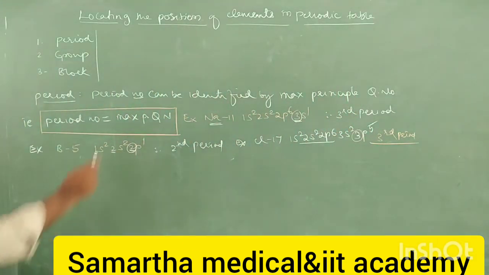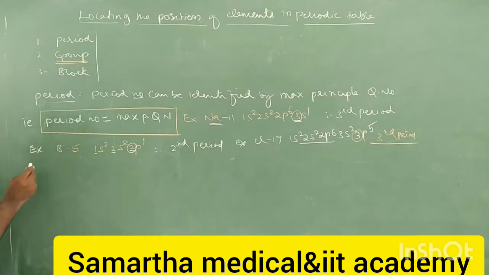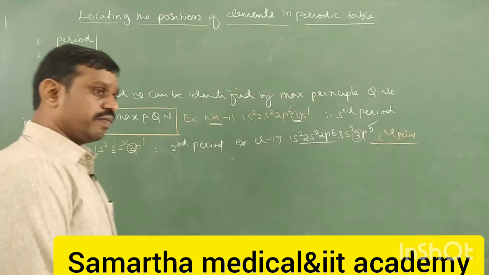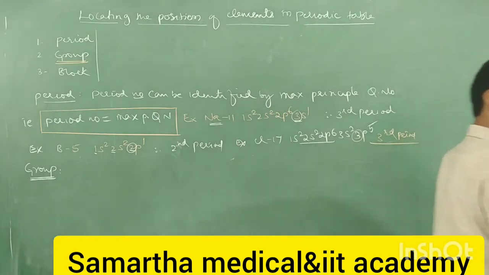Okay, next important is groups. So, identification of group. Group can be identified by valence electrons, but it is different for different block elements.